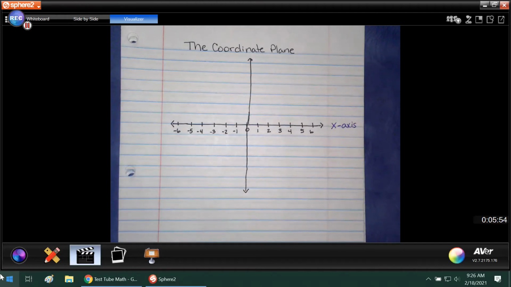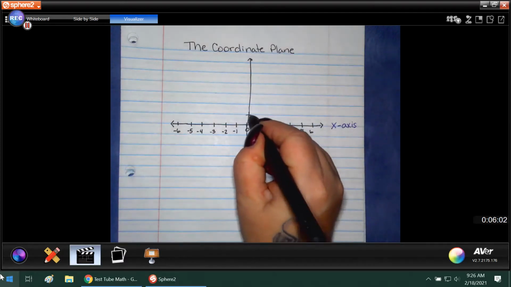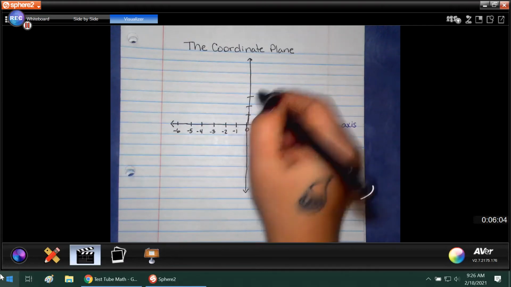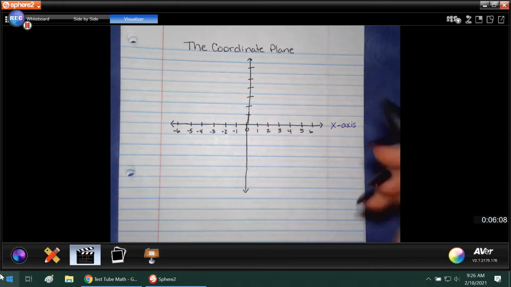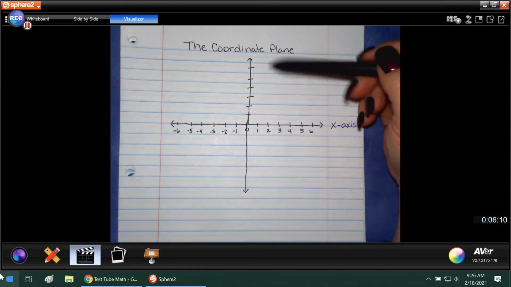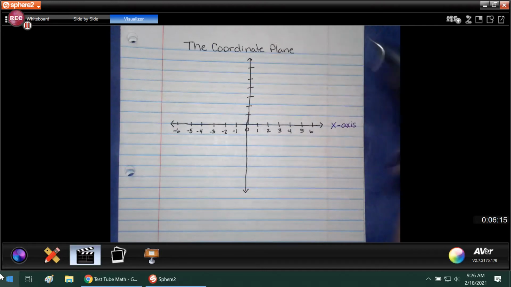And then we're going to do the same thing that we did on the top half. So we're going to go 1, 2, 3, 4, 5, 6. And as we work up, remember when we do a vertical number line, as we work up, our numbers grow.